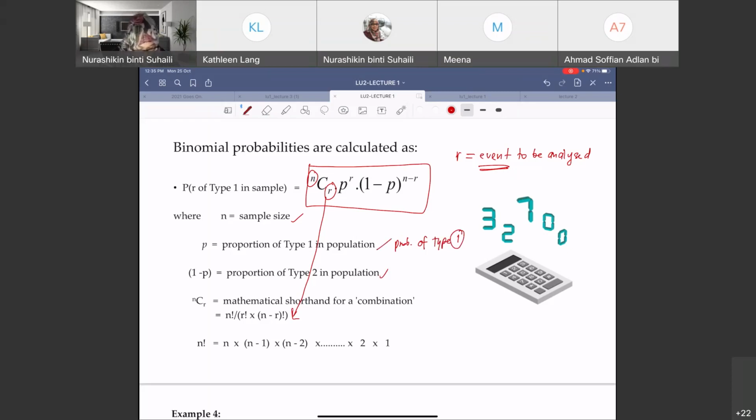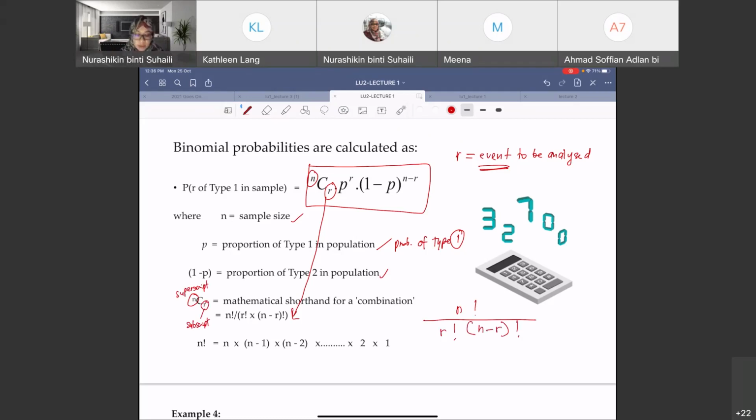Now, nCr refers to this one. You have n as the subscript, the one on top, and the one down here is the subscript, and this one is the superscript. That's the term, right? So when we have nCr, it is equal to n factorial over r factorial times (n minus r) factorial.